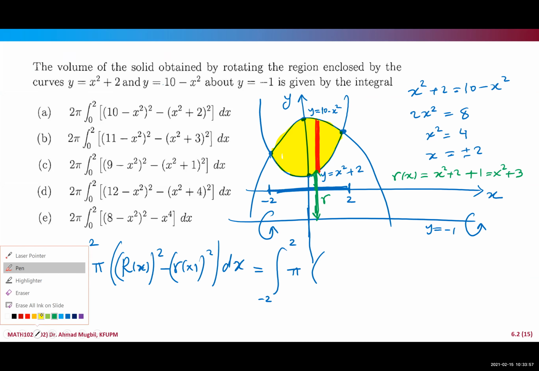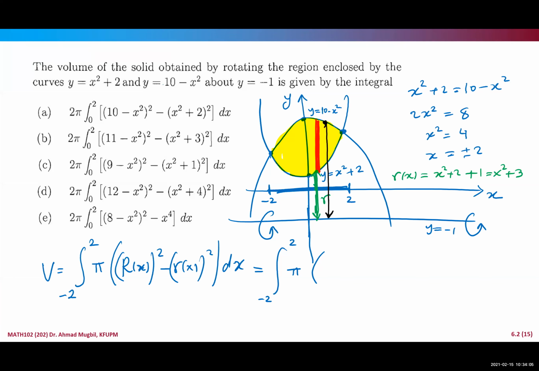Yes. Now let's find the outer radius. The outer radius will be the distance from the upper curve until the axis of rotation. So what will be r capital, R of x? The upper curve is 10 minus x squared minus, what is here is minus 1, it will be plus 1.